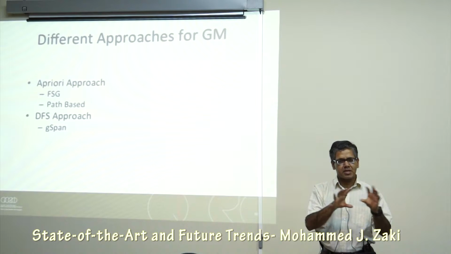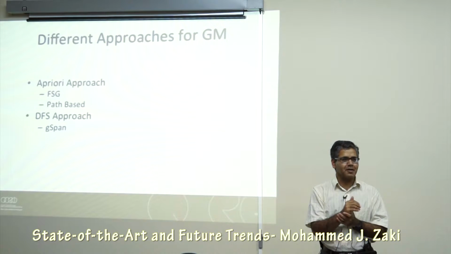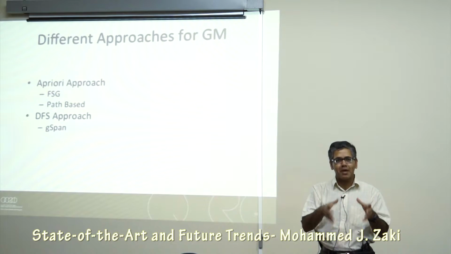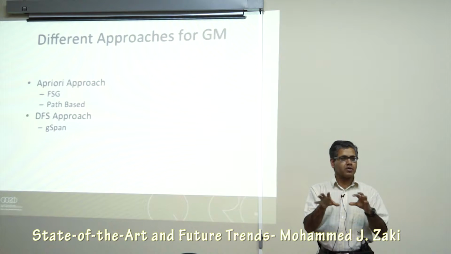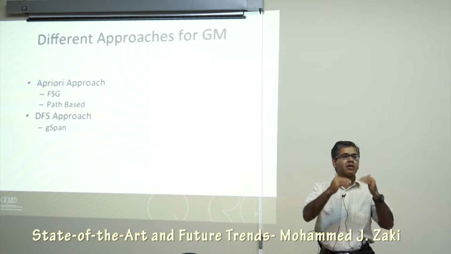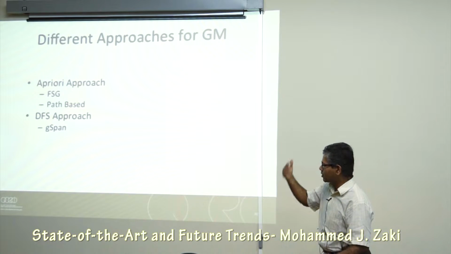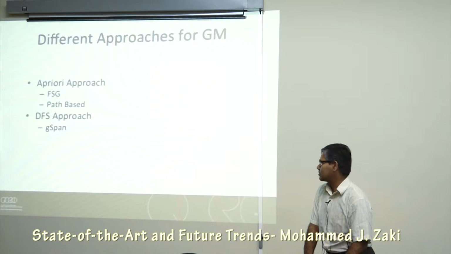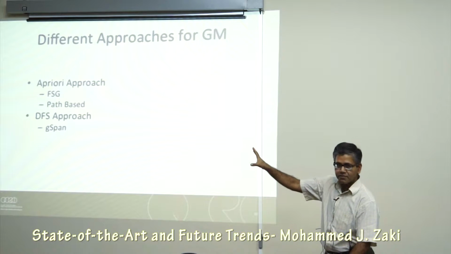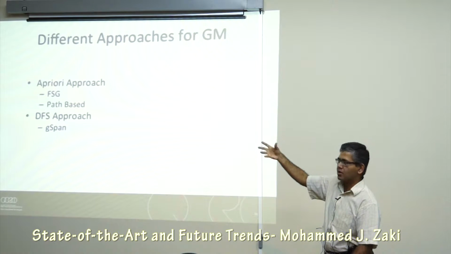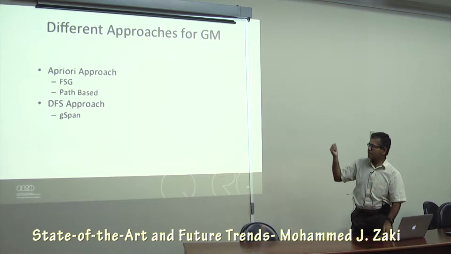I mean, many other people discovered similar things, but in the domain of frequent patterns, these guys were the first to show that this kind of level-wise, breadth-first search with pruning is very effective. So they called it the so-called Apriori algorithm. So this graph mining approach essentially follows the same basic paradigm.